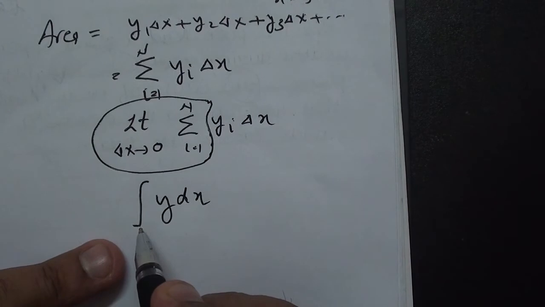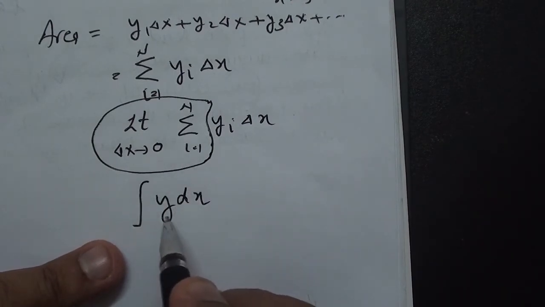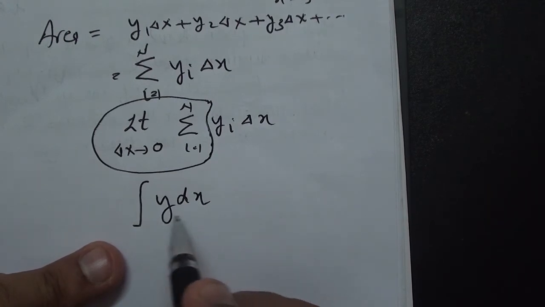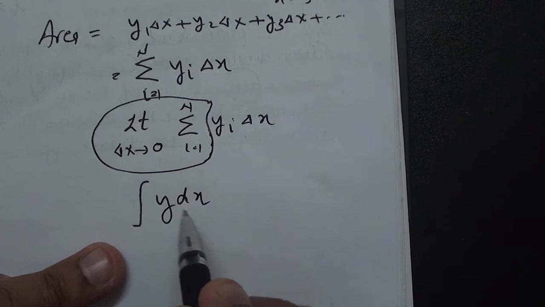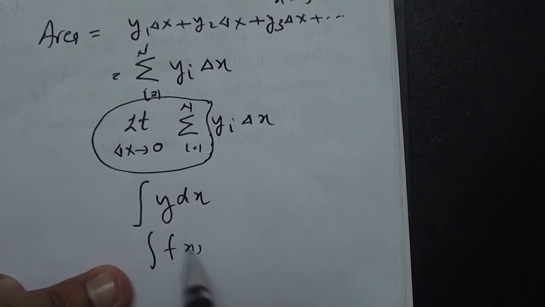So integration means actually the summation of a product where one quantity is a function of other. It is a continuous variable depending on x. So y is a function of x.